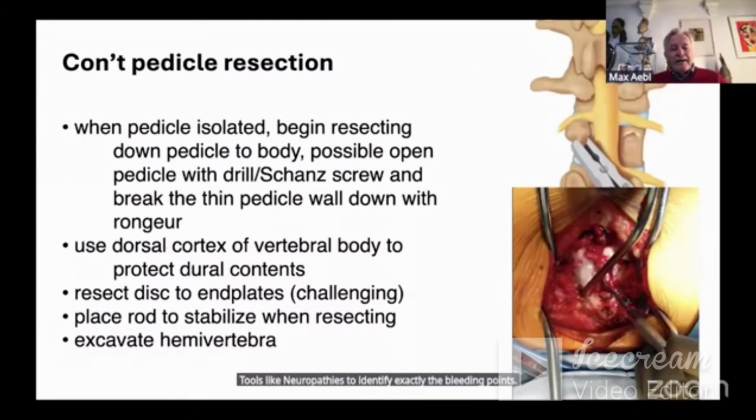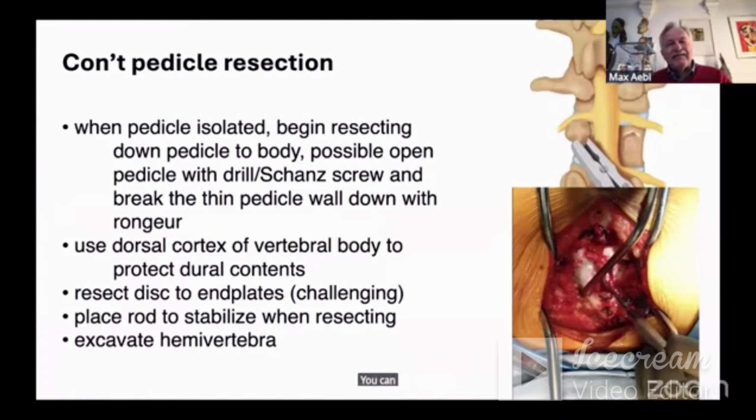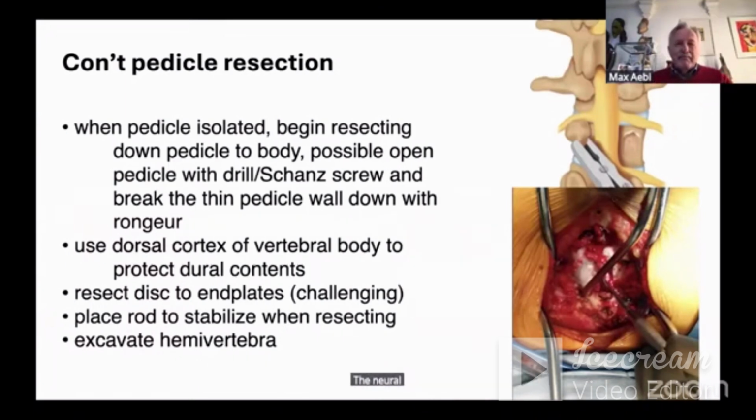When the pedicle once is isolated and resected superficially, you can excavate the pedicle, or you can cut it down. We sometimes use a shank screw just to open the pedicle, and then we can go with a curette into the pedicle and already start to excavate the hemivertebra, because then the neurostructures are preserved.